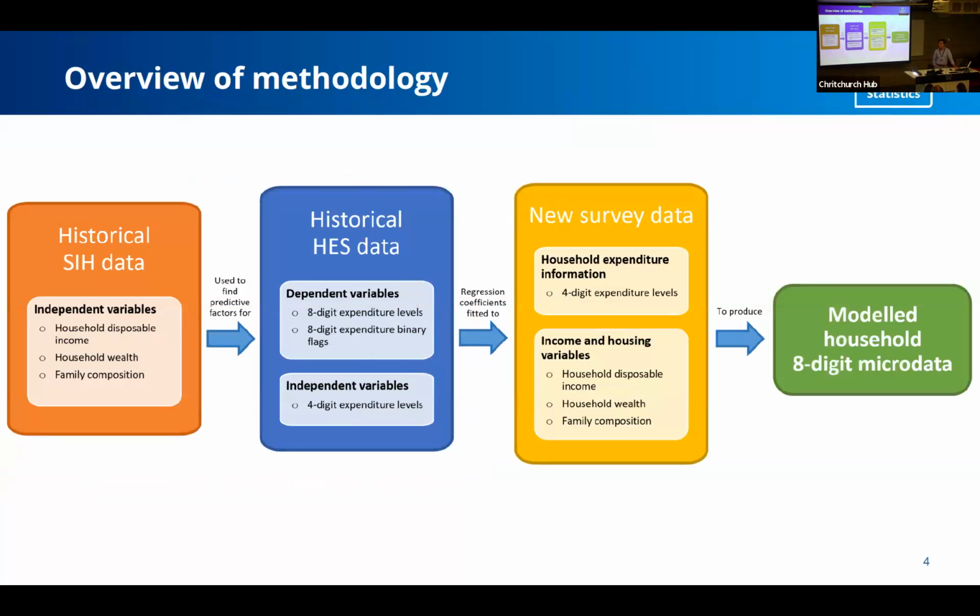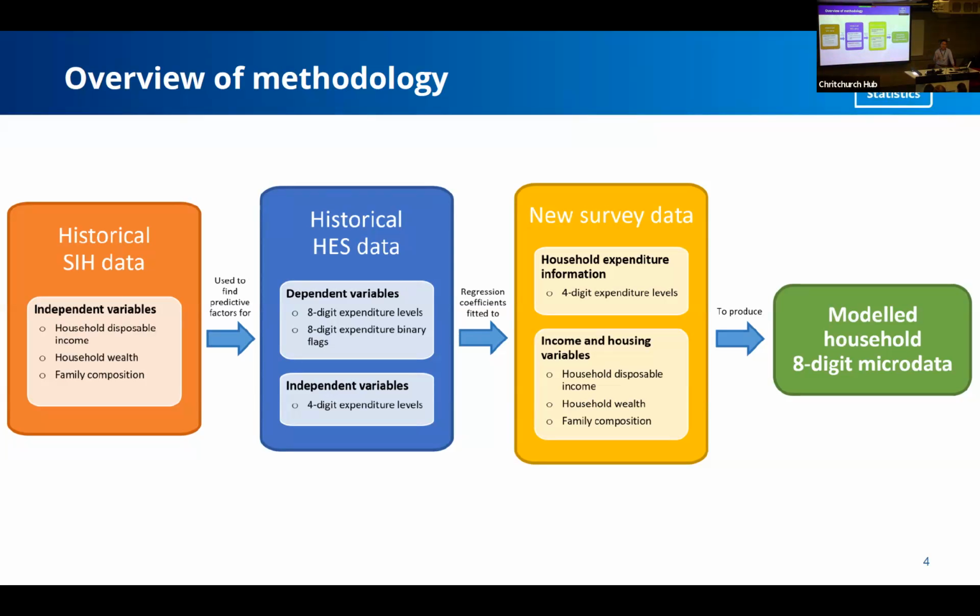So this is a quick overview of the methodology I'm going to be talking about. SIH on the left there in the orange stands for Survey of Income and Housing, and HES for clarity stands for Household Expenditure Survey. We look at the SIH data and we use it to find predictive factors for HES data.